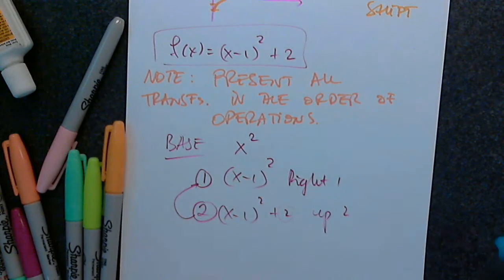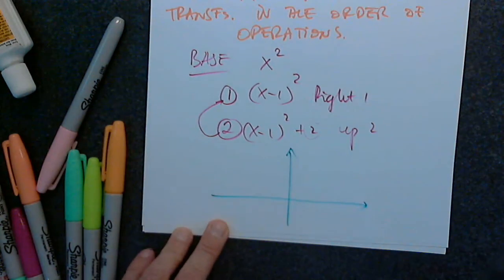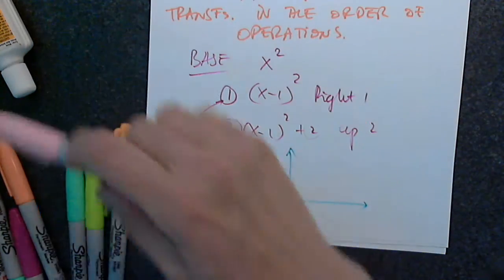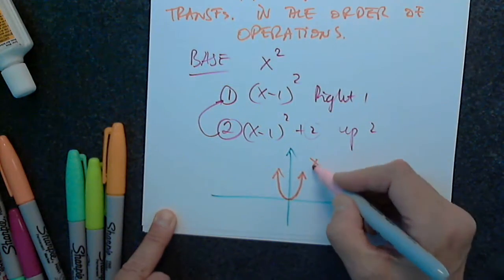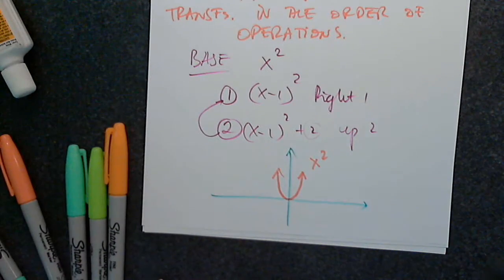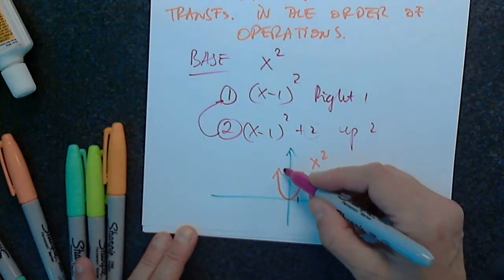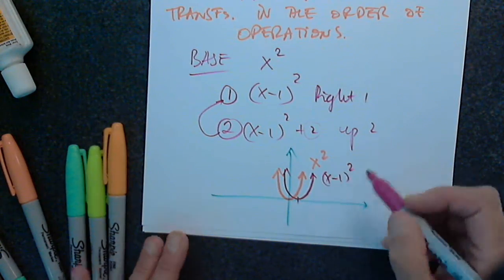So when I graph, I will start with graphing the base function always. Here's the base function. Then you told me to shift it right 1. I'm going to shift it right 1. Here it is now. So this is x minus 1 squared.